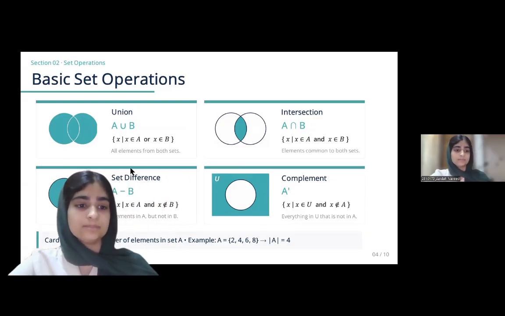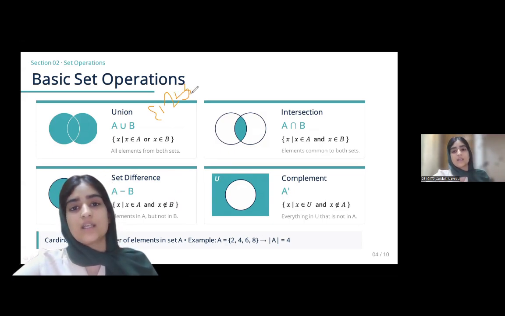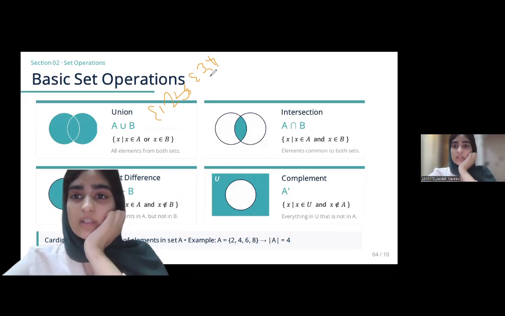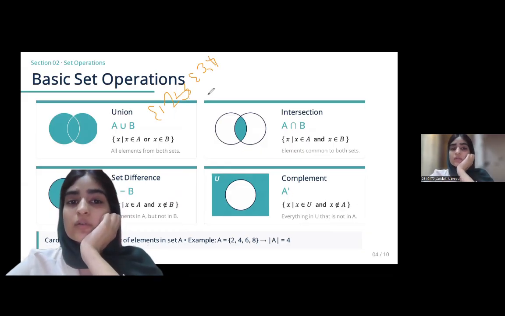So for example, if we have one set 1, 2, and 3, and we have another set which is 3, 4, the union is going to give us 1, 2, 3, and 4.